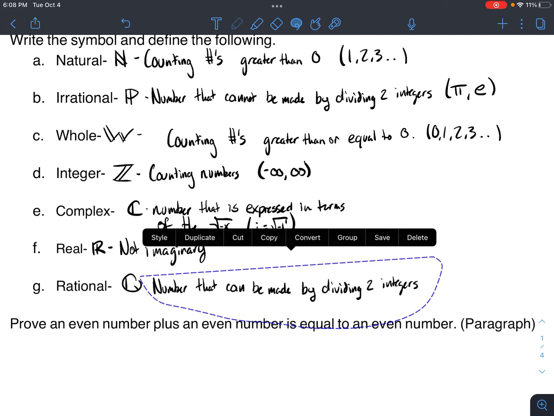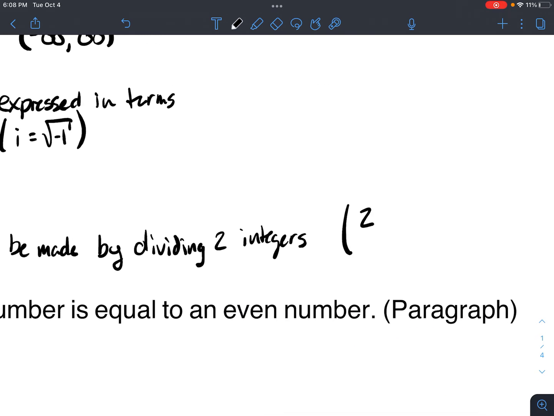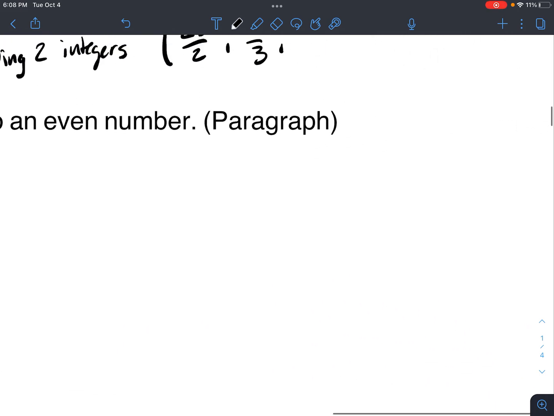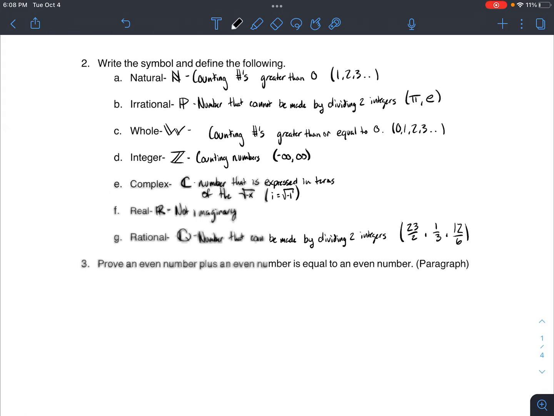So some examples of that, like 23/2, 1/3, I don't know, 12/6, stuff like this. So it can be written as the division of two integers.